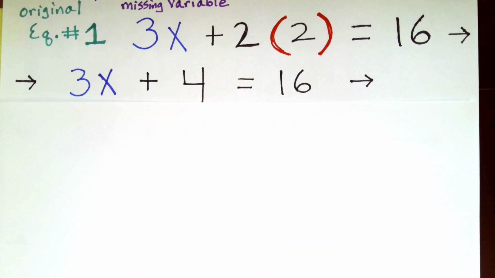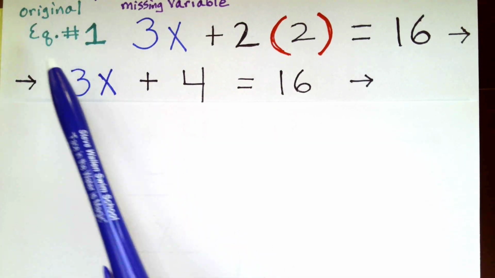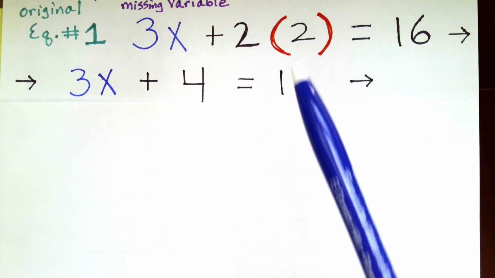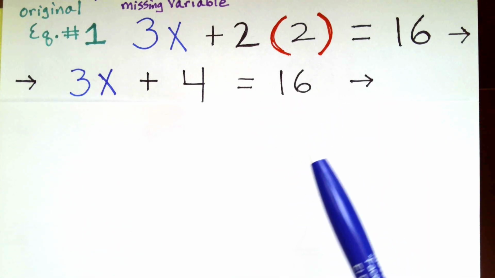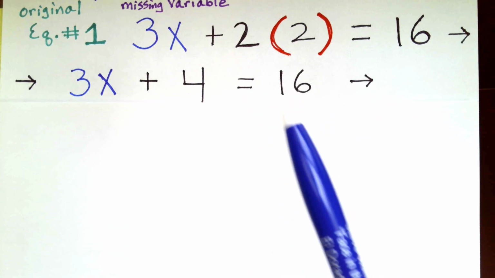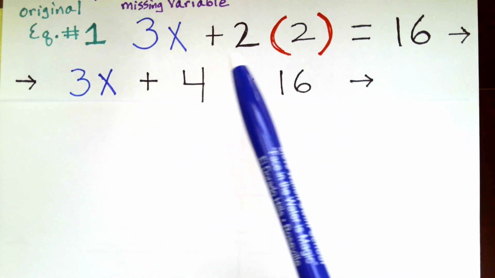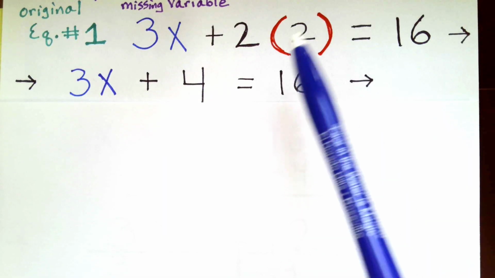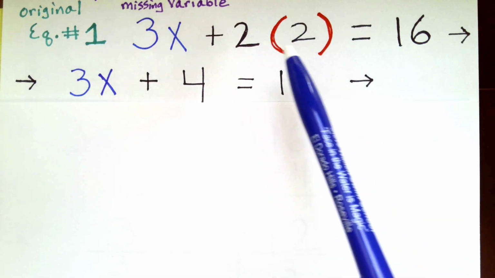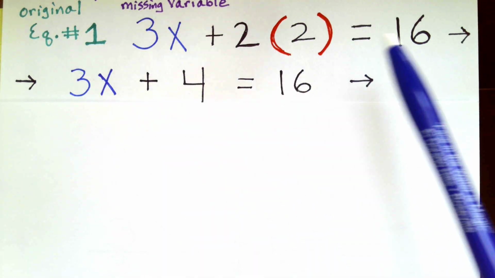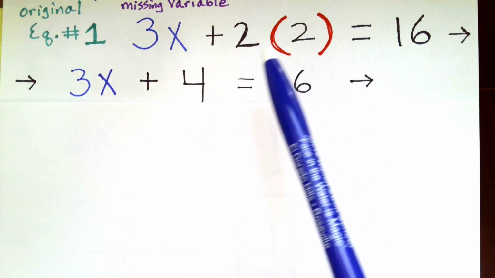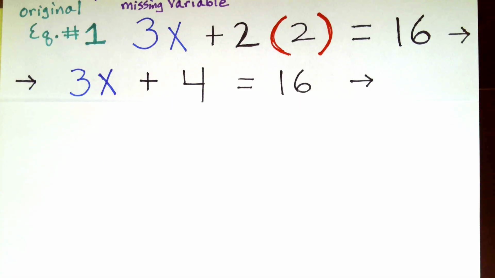As you can see here, I thought it'd be easiest to use original equation number 1. So I substituted the 2 for the y variable. Again, since y equals 2, you can do that. Let's simplify by multiplying, right? Order of operations: are there any parentheses? There's a parenthesis here, but there's nothing I can do inside the parentheses. Are there any exponents? No. Can I multiply or divide? Yes, 2 times 2 gives me 4.